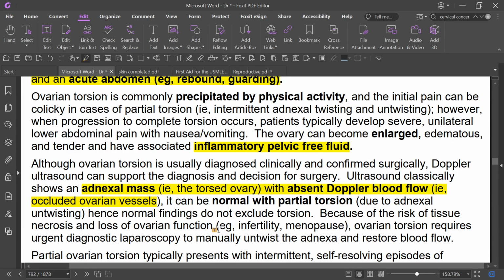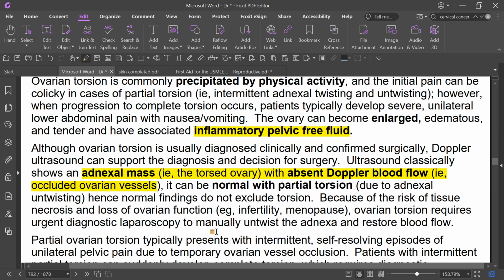Here, normal findings do not exclude the torsion because of the risk of tissue necrosis and loss of ovarian function, infertility, and menopause. Ovarian torsion requires diagnostic laparoscopy to manually untwist the adnexa and restore the blood flow.